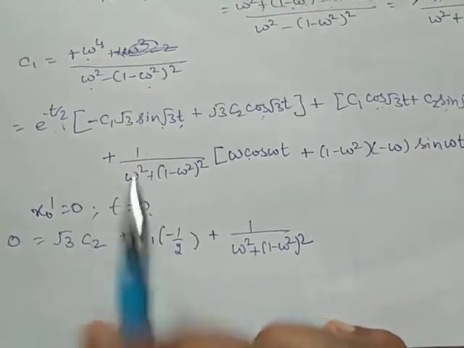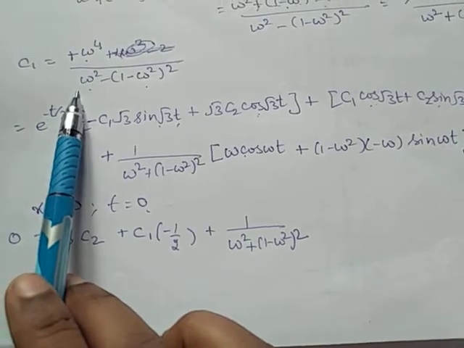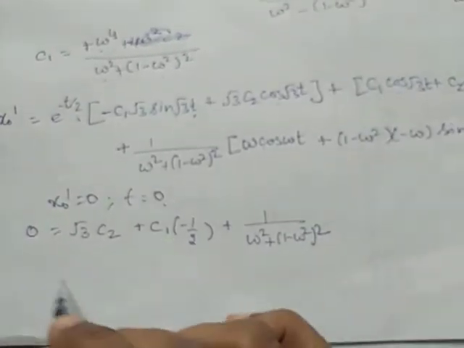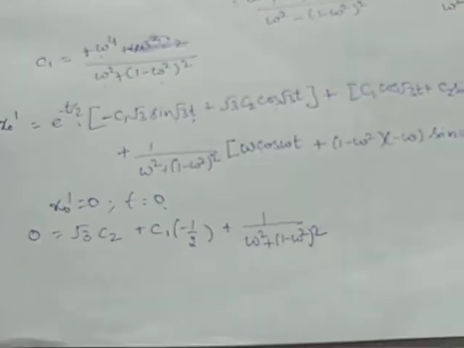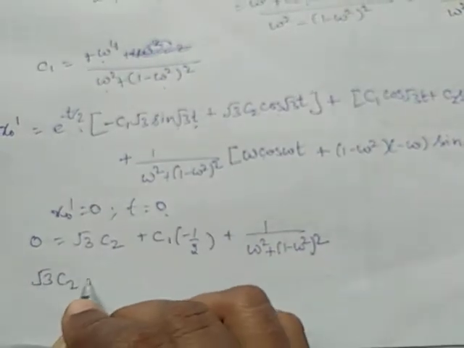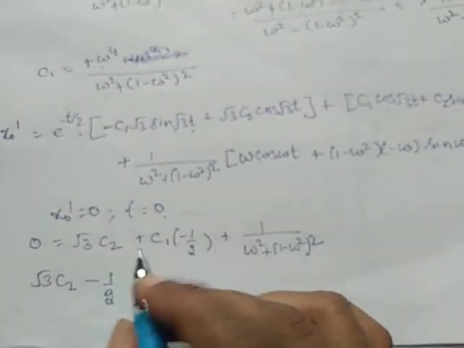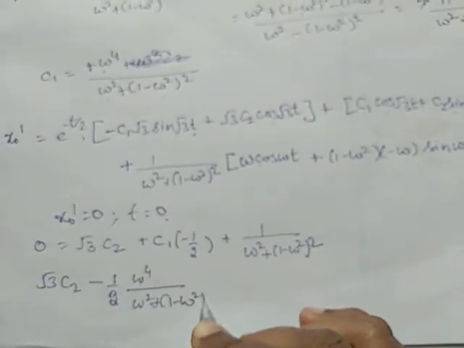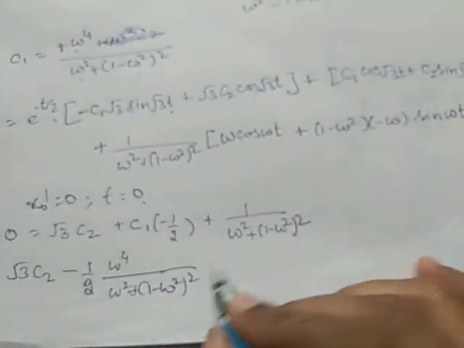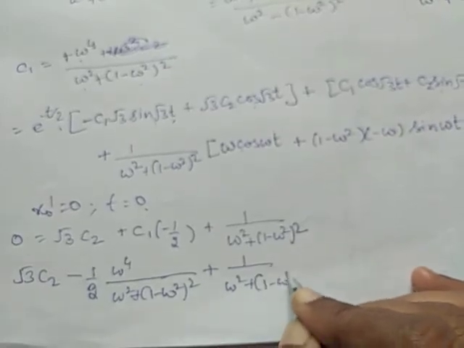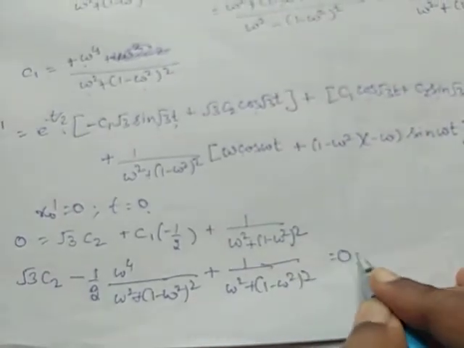So what is C1? Already we got omega power 4 divided by (omega square plus 1 minus omega square) whole square. So substituting the value of C1 here, we will get root 3 C2 minus 1 by 2 times C1, which is omega power 4 by (omega square plus 1 minus omega square) whole square, plus this term 1 by (omega square plus 1 minus omega square) whole square equal to 0.